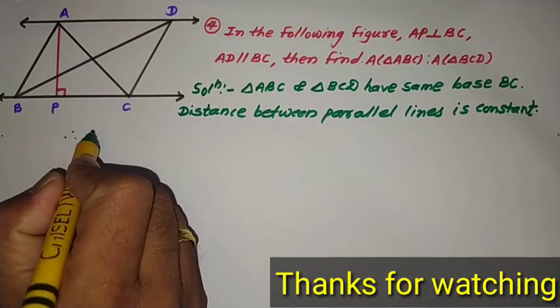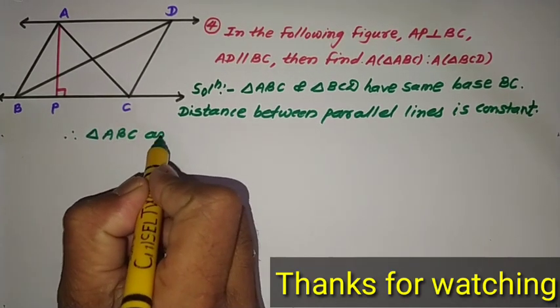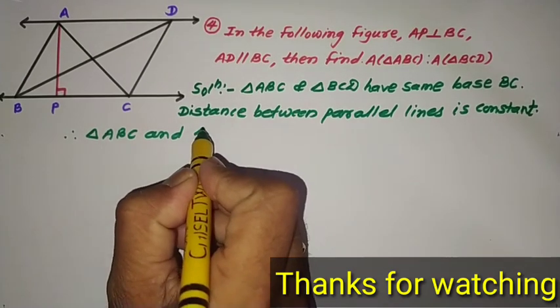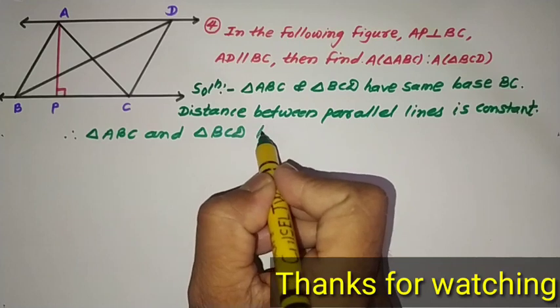Therefore triangle ABC and triangle BCD have equal heights.